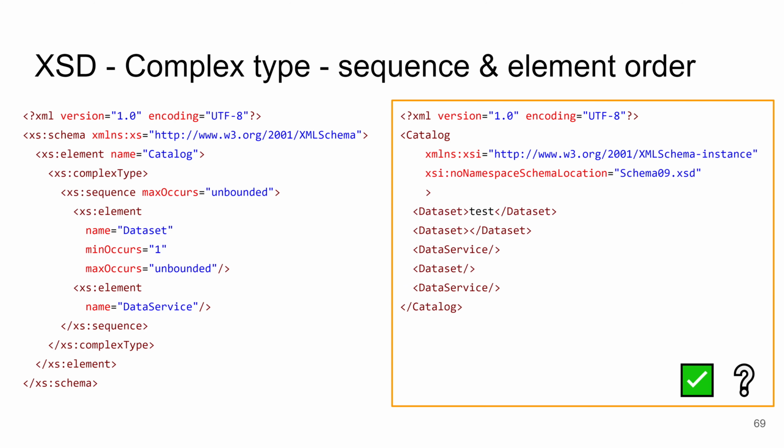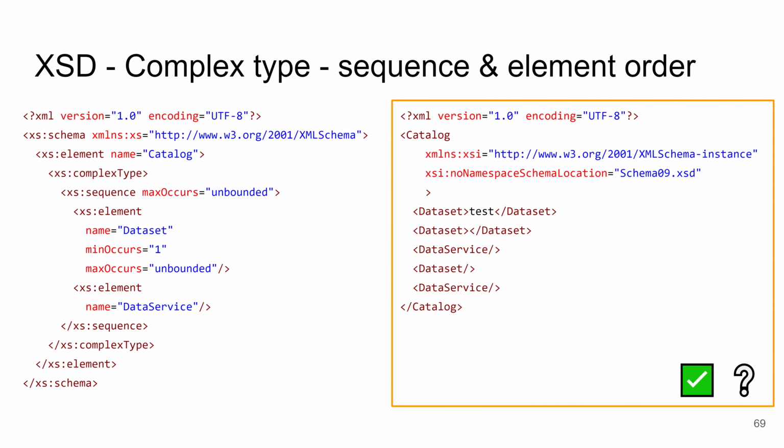We could make it valid like this, by introducing another data service element after the second dataset element. This now is valid because the document contains a repetition of 2 sequences, one after another, each starting with datasets followed by a data service. So this is technically valid.